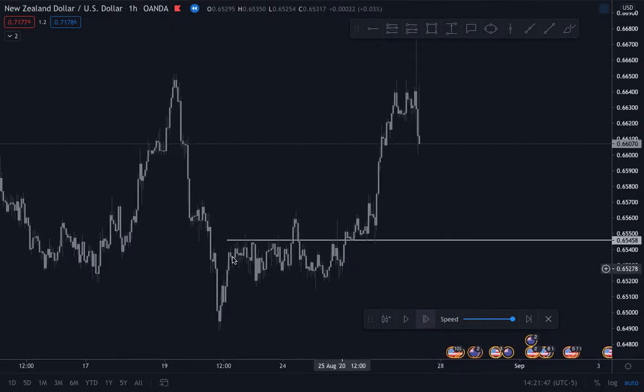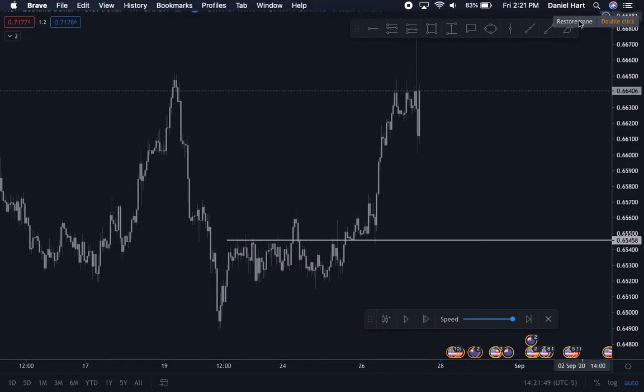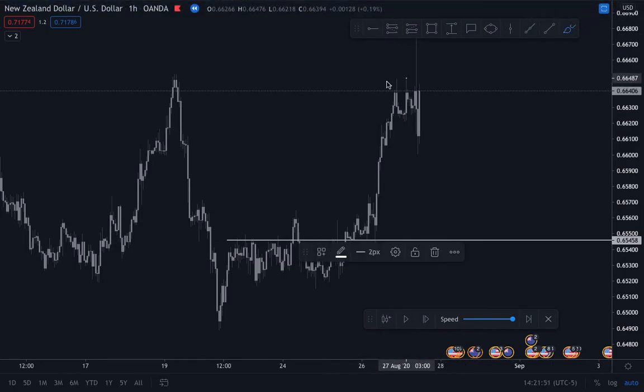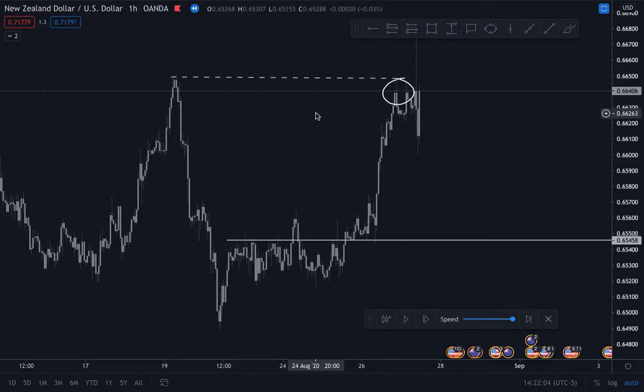And we've created a smaller double top along with a larger double top, right? So this might make you think that we are short biased. It could be, don't know that yet.